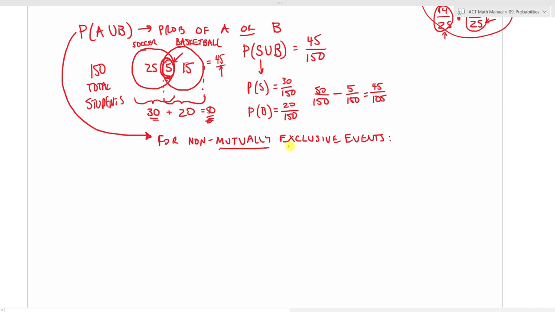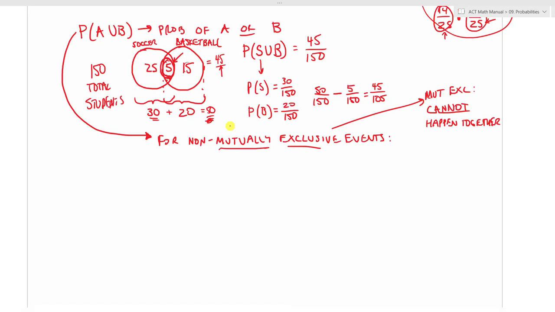Mutually exclusive would mean that the events or the outcomes cannot happen together. But in this case, soccer and basketball can occur together. We can get a student who is in both of those groups.